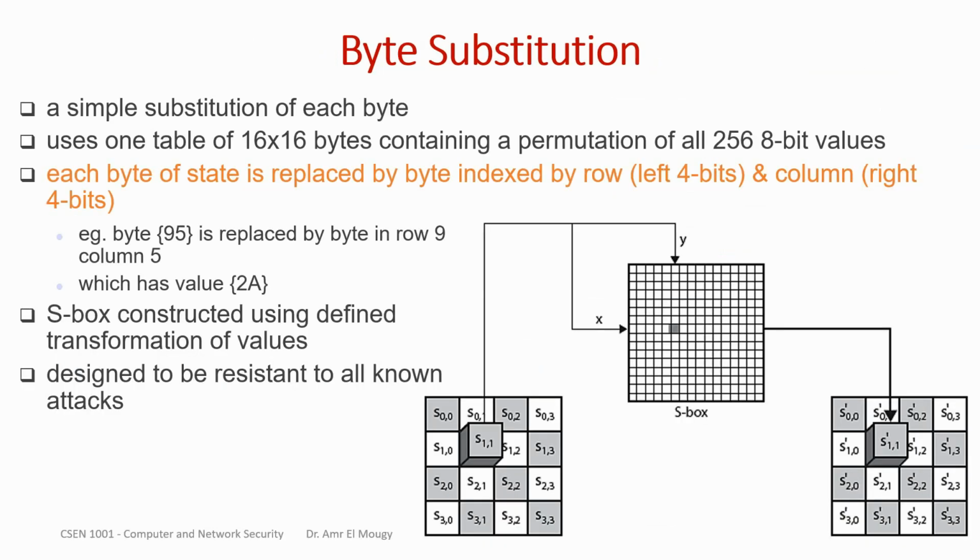Okay. Now let's take a look at each one of these operations in each round, and we'll start with sub bytes, so substitute bytes or byte substitution. Basically, you take the state matrix, which is the 4x4 matrix where every cell contains a byte, and you substitute each byte in each cell with another byte. And the substitution is done based on a table that is called the S box.